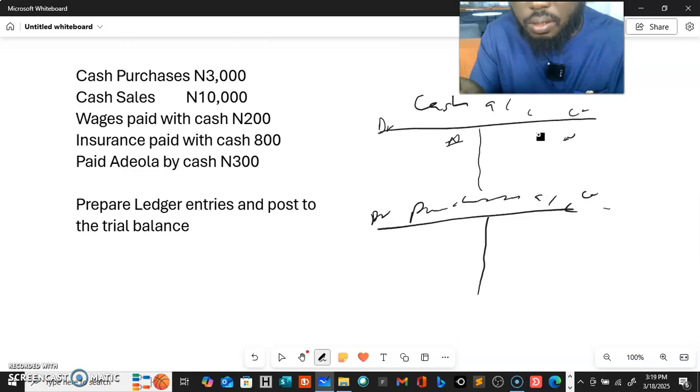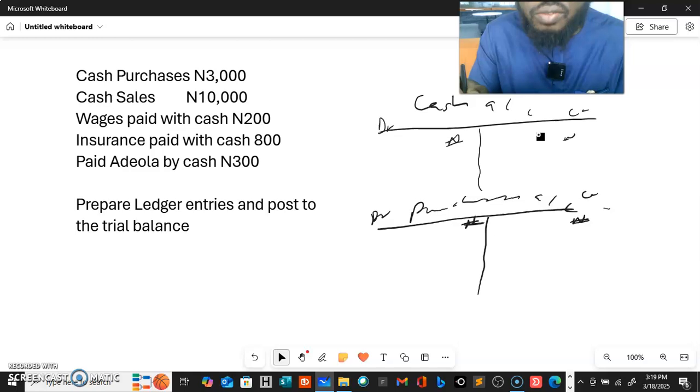I'll try as much as possible to make this video short and also make it clear for you so that you understand. Now, when we make a cash purchase, that is, we purchase with cash, we know that the double entry principle says that for every debit entry, there must be a corresponding credit entry, and for every receiver, there must be a corresponding giver. Now, we are paying with cash by purchasing.